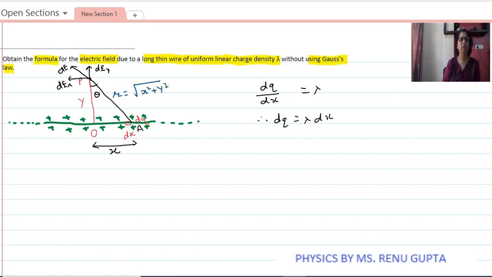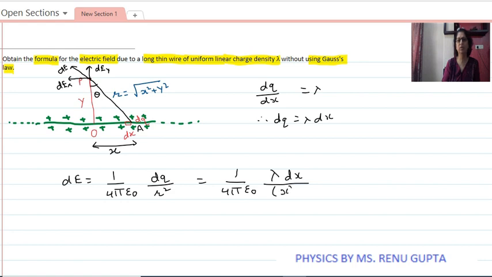Now therefore the electric field dE due to charge dq will be equals to 1 upon 4 pi epsilon 0 dq by r square, which can be written as 1 upon 4 pi epsilon 0 lambda dx upon r square, where r is under root x square plus y square. Therefore r square will be equals to x square plus y square. This is relation number 1.